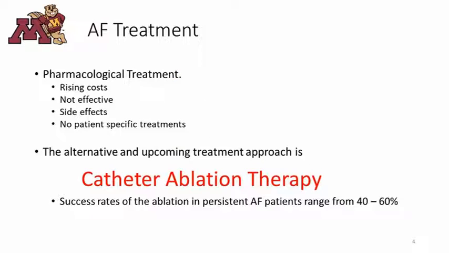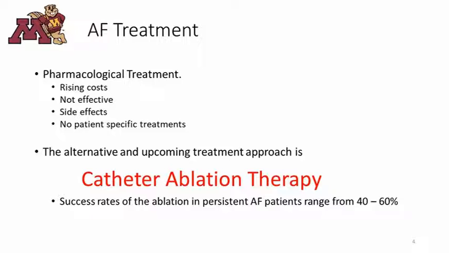Atrial fibrillation can be treated using pharmacological procedures where drugs are administered to control and restore normal rhythm. There are some side effects that can be caused due to the drugs and the rising costs, which are a few drawbacks of the pharmacological treatment. Another alternative to the pharmacological approach is the catheter ablation therapy.